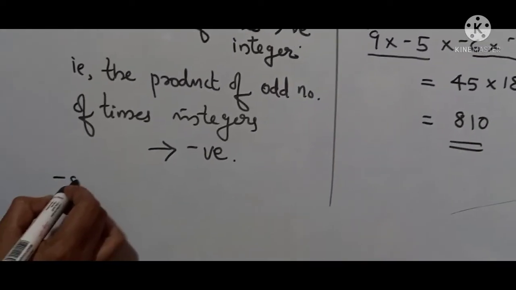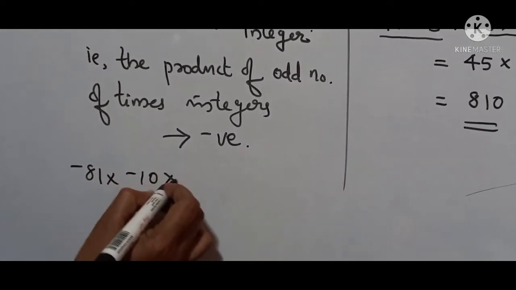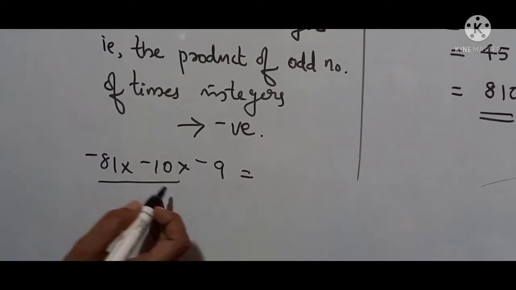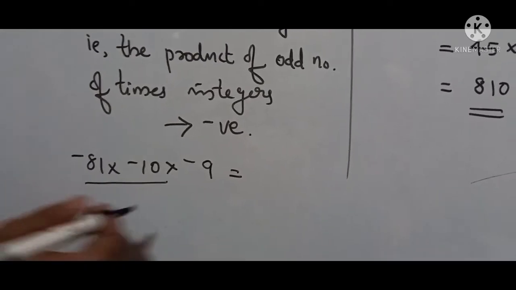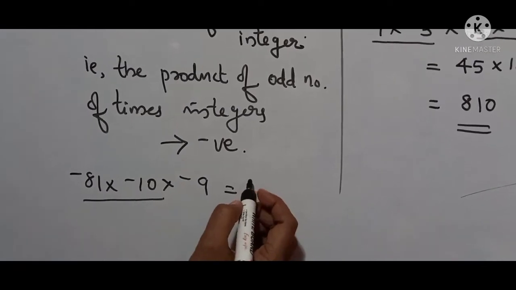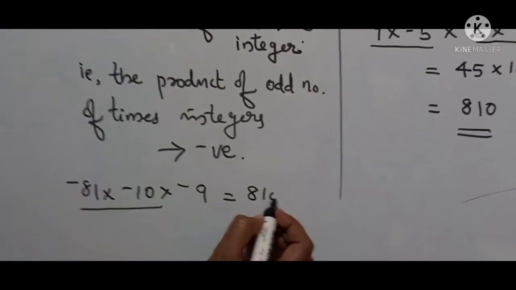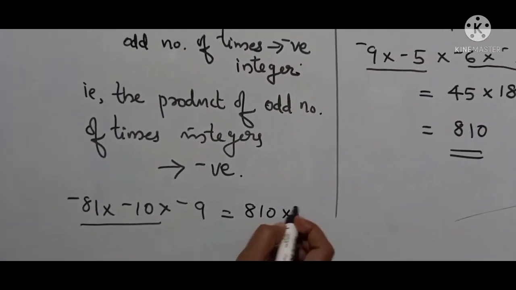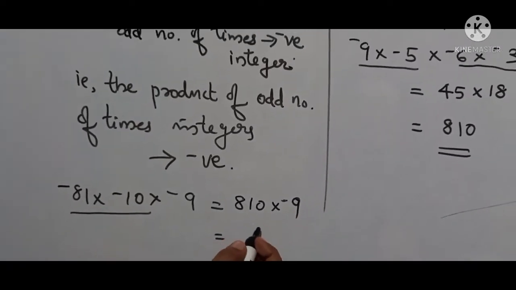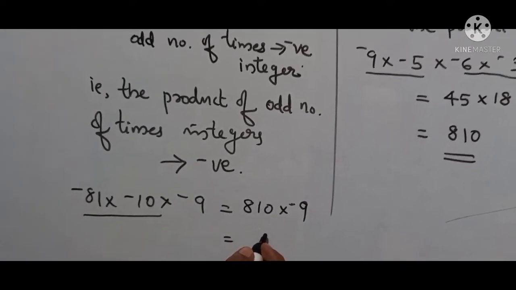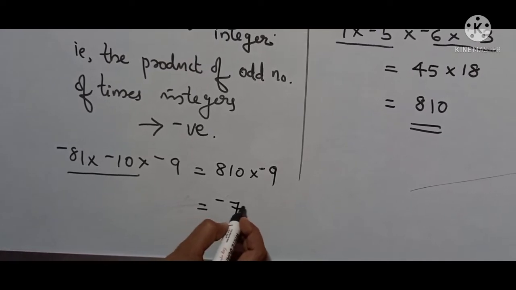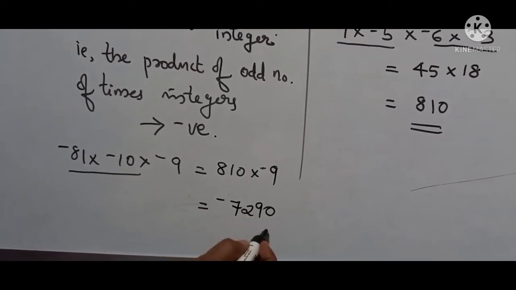Minus 81 into minus 10 is 810. Again into minus 9, that is equal to minus 7290.